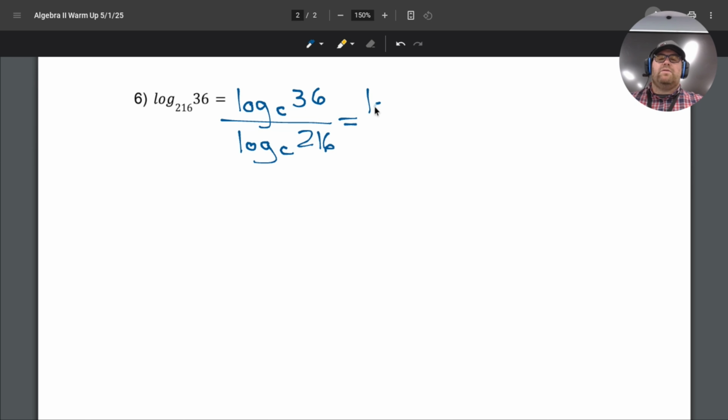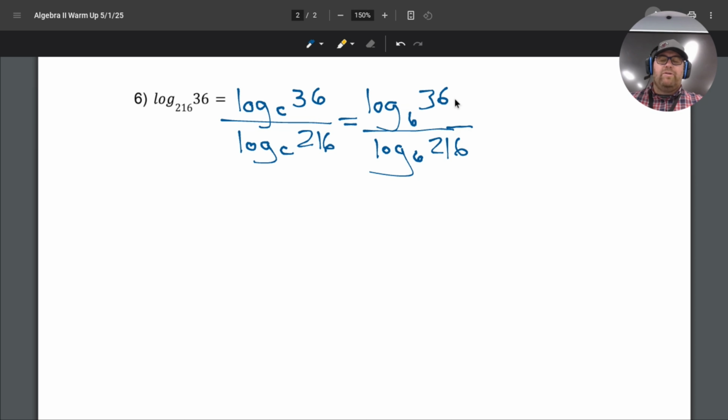The number that works is 6. So we're going to do log base 6 of 36 over log base 6 of 216.